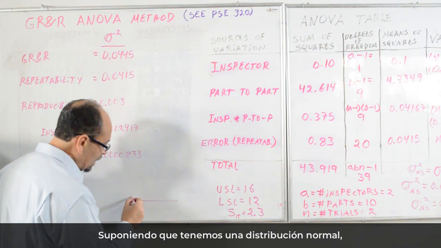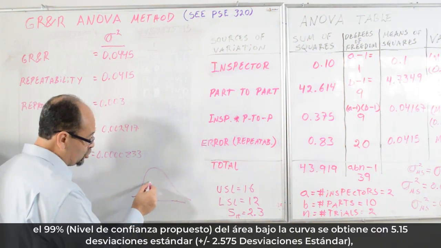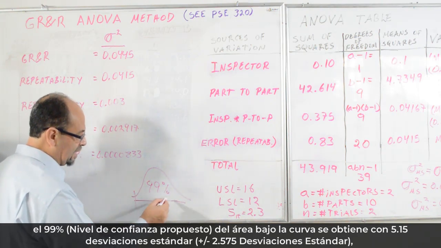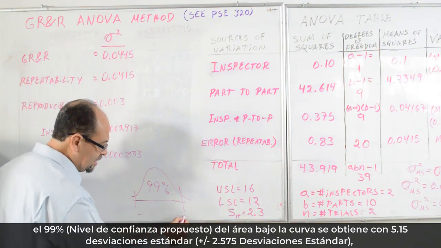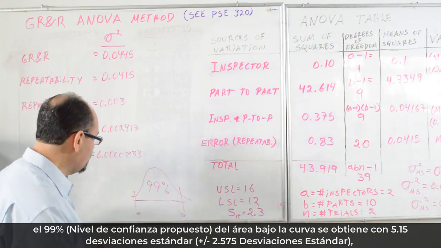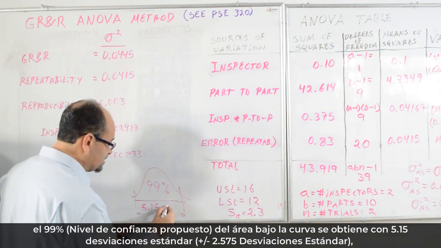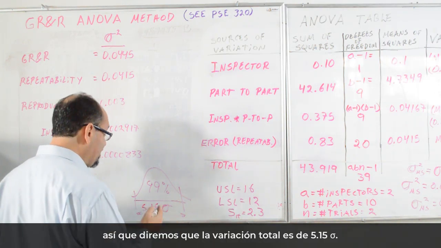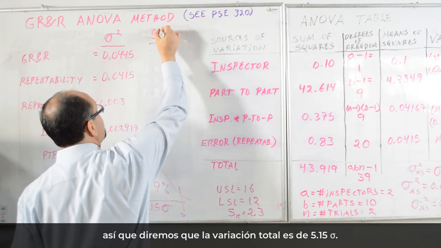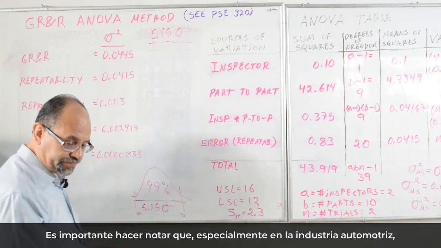Assuming a normal distribution and assuming 99% of the area, this total range would be equal to 5.15 standard deviations.